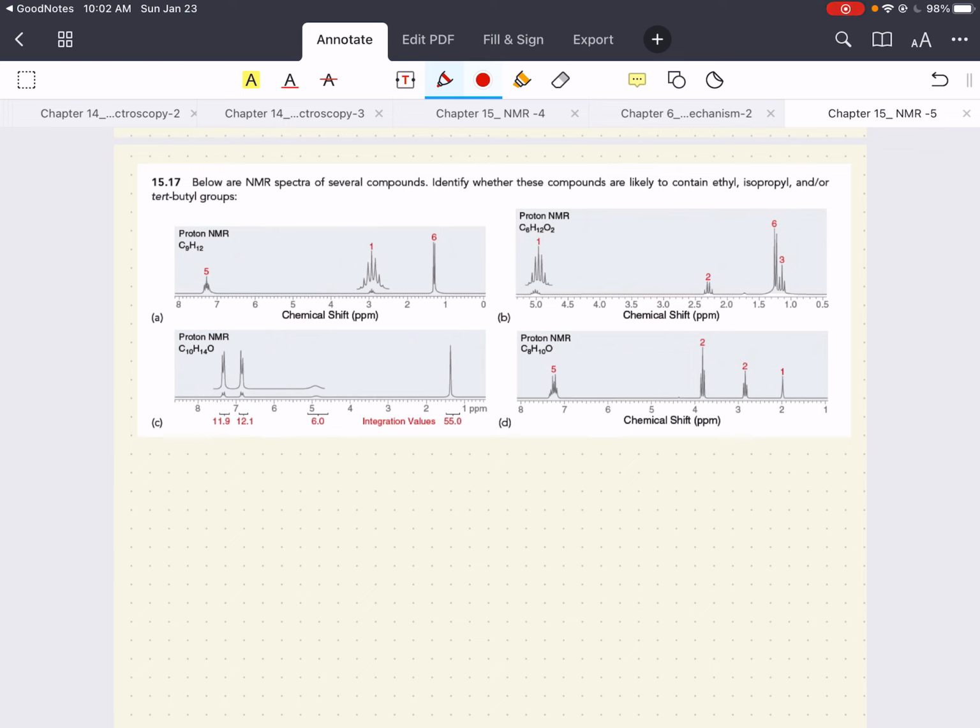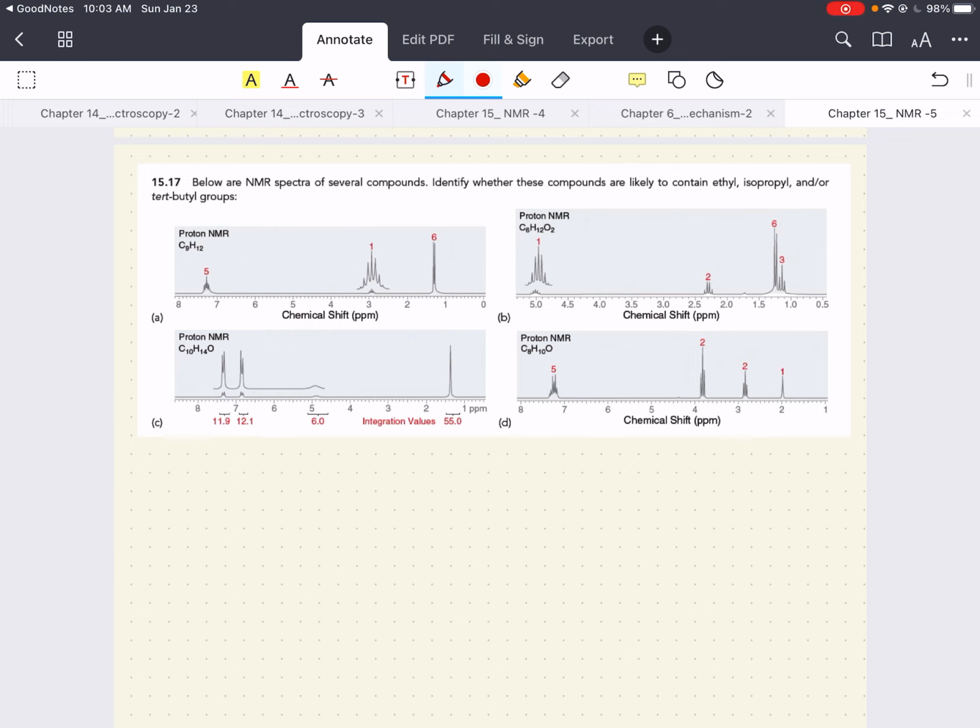We want to keep a few things in mind about how to approach these kinds of problems. We will always want to begin by inspecting the molecular formula. It's going to provide us so much information. We can start off specifically by calculating the hydrogen deficiency index, HDI. We covered this in chapter 14.